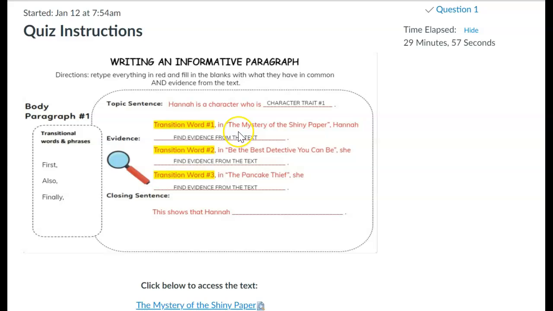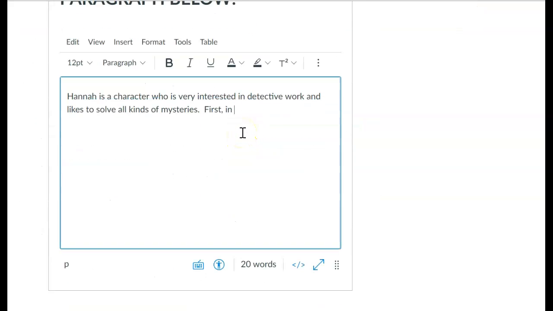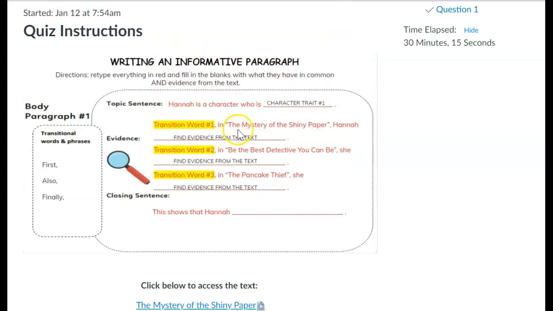The first one is The Mystery of the Shiny Paper. Remember the title is capitalized because it's a proper noun.